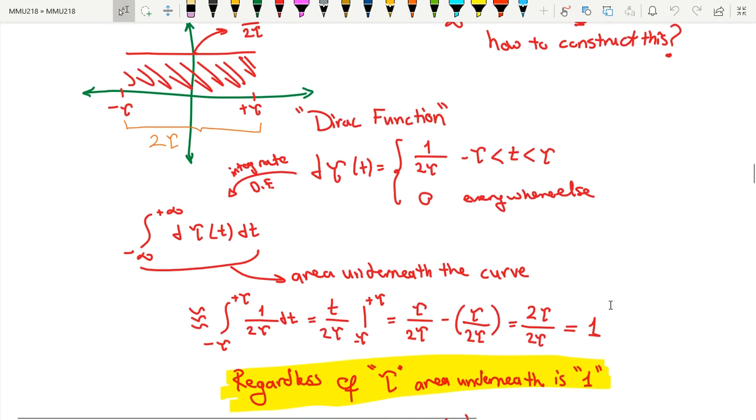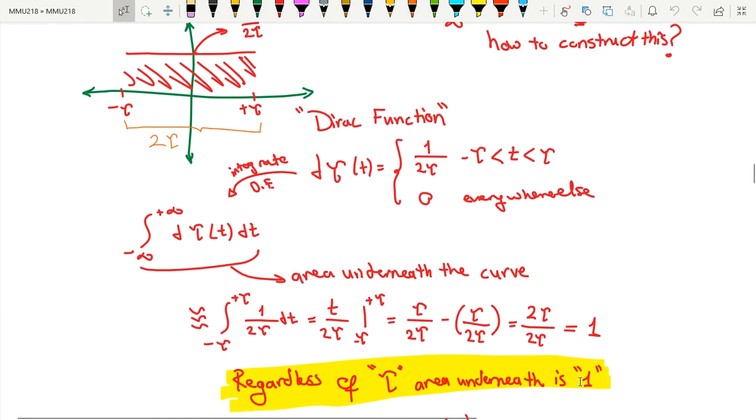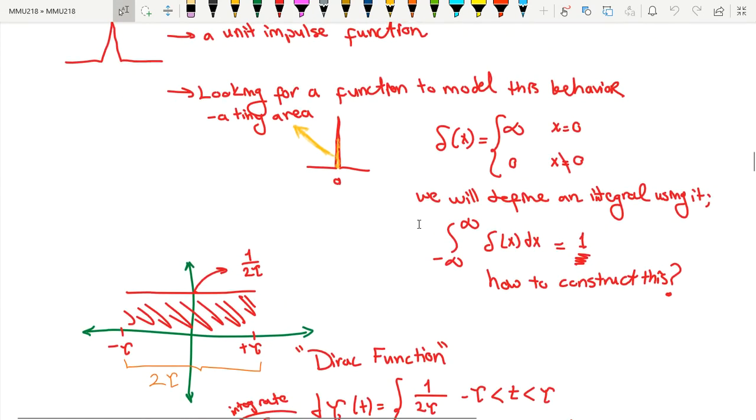So regardless of which tau I choose, the area underneath such a magical function is 1. That's a perfect thing, because I want my delta function to reach 1 after integration too.